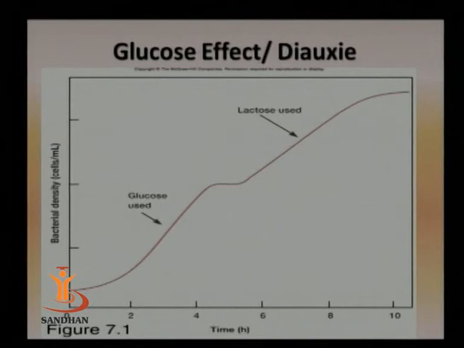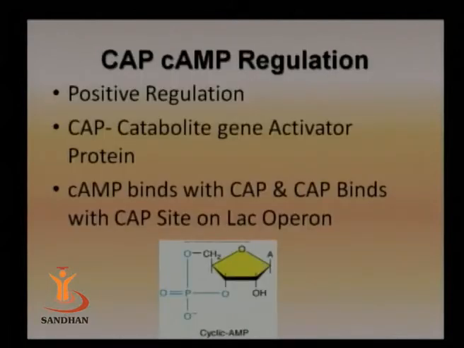Diauxic means this graph has two lag phases, whereas bacterial cells usually have only one lag phase and one log phase. The first lag phase is for glucose, and after glucose is finished, the second lag phase is for lactose, and then onwards it will switch over to lactose. So this is the graph which actually regulates Lac Operon.